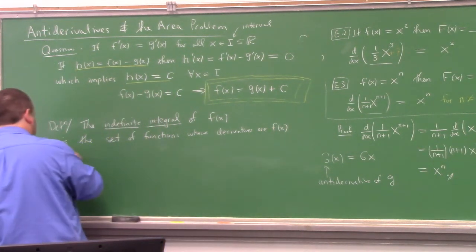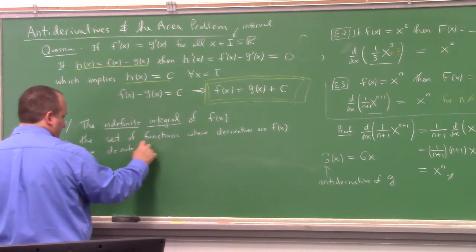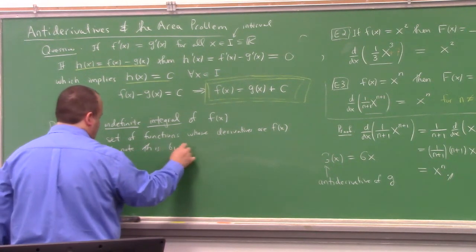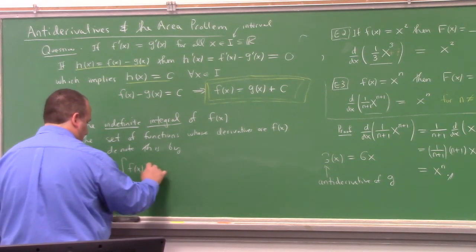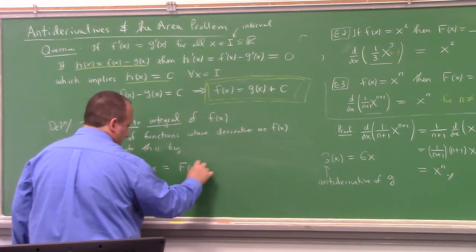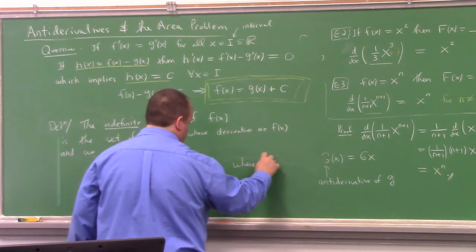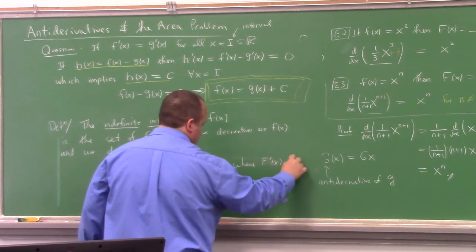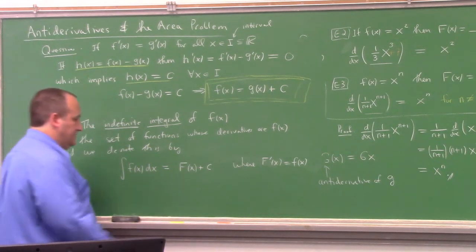And we denote this by the integral of f of x dx equals big F of x plus a constant, where F prime of x equals little f of x, and C is a constant.